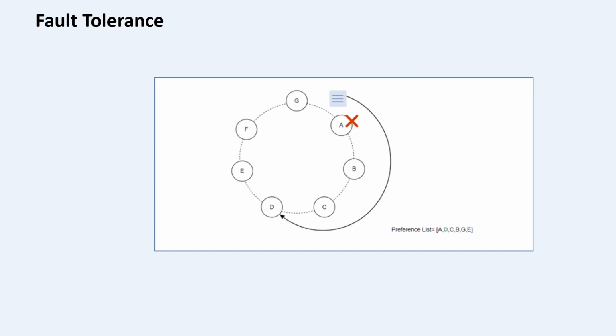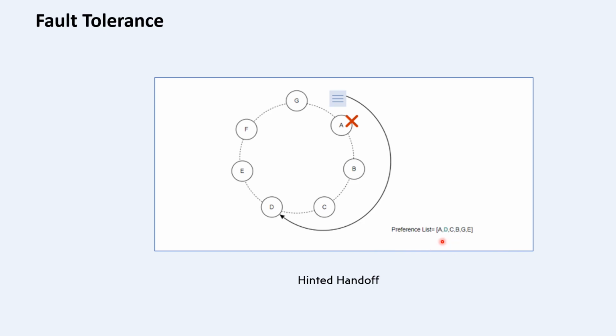Now the last non-functional requirement was fault tolerance. For fault tolerance, if the fault is temporary, in the case of a temporary fault, we can use the concept called hinted handoff. Here what we do, we prepare a preference list like this.